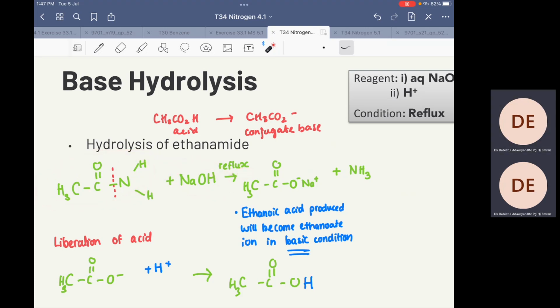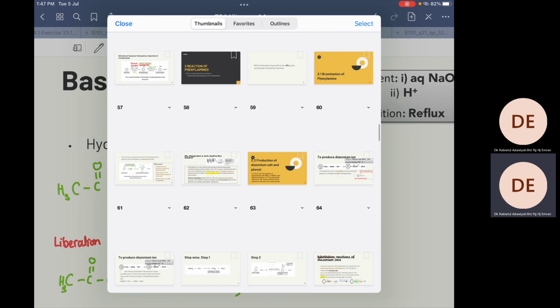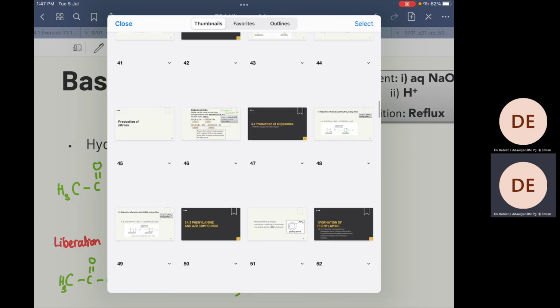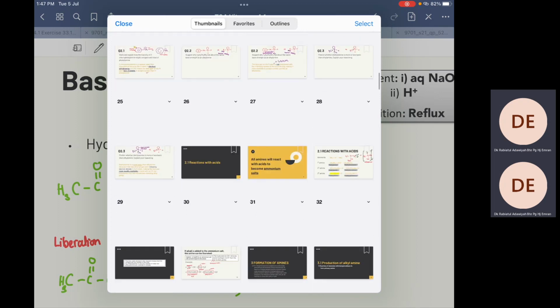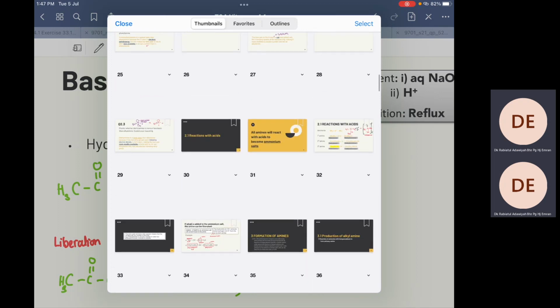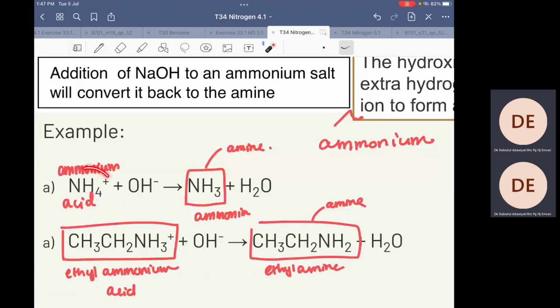Earlier on, it's still in the same topic. Ammonium is in the very first part of this reaction, I think. Here. Okay, so ammonium can also react with sodium hydroxide, but it reacts at room temperature. You don't have to heat it up.